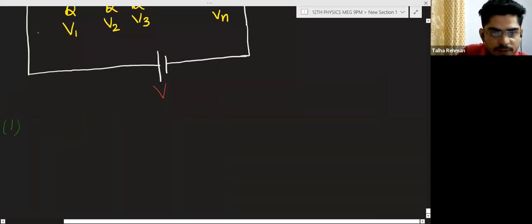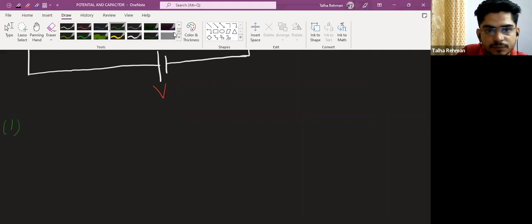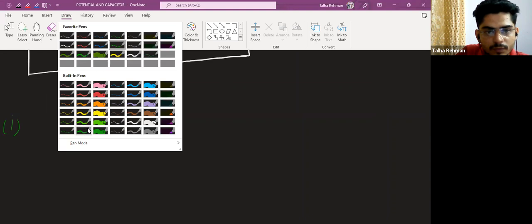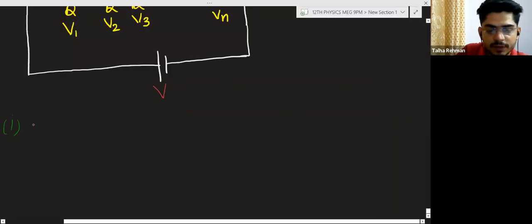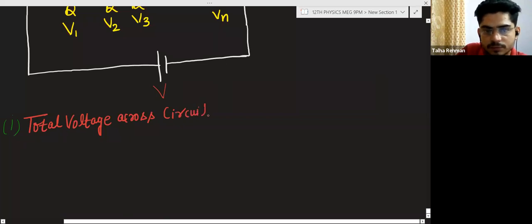Number one is total voltage across circuit, VT.